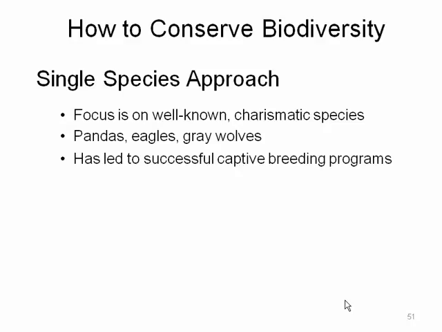There have been, in the case of the California condor, a large predatory scavenger bird that almost went extinct, down to just a small number of individuals.